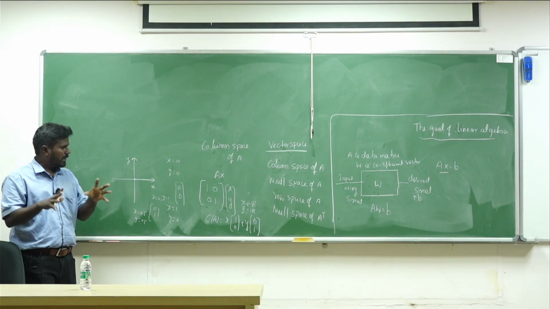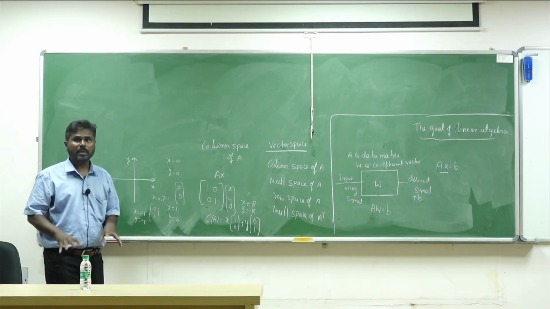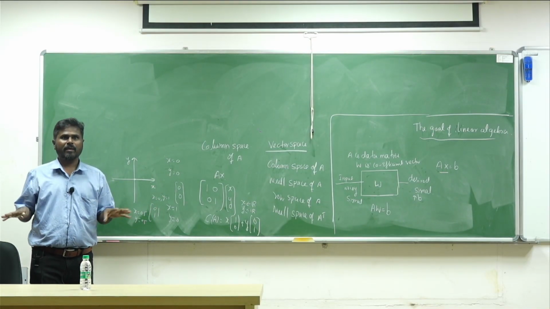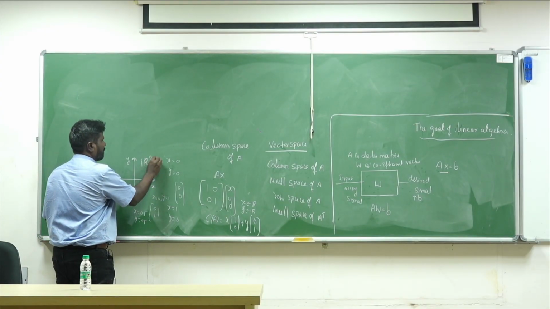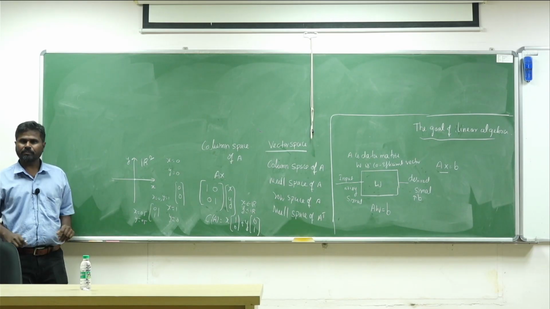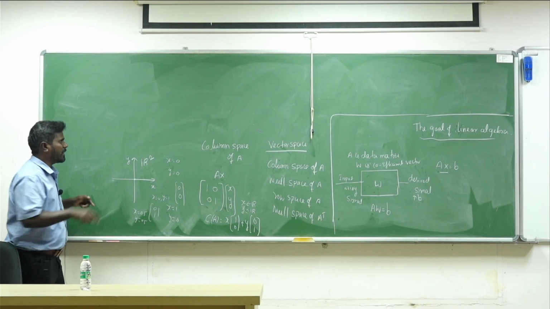Now you tell me, what is the column space of A here? The column space of A is the entire R2. Now you are equating the column space.